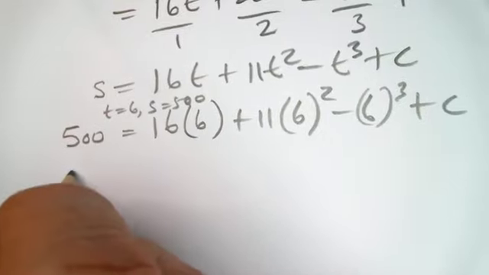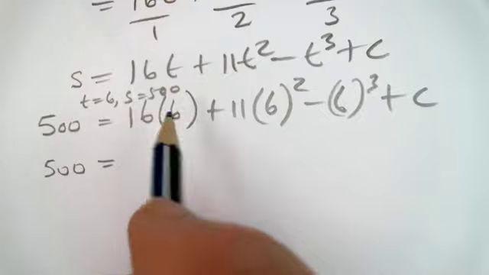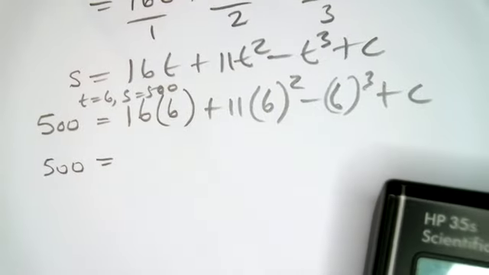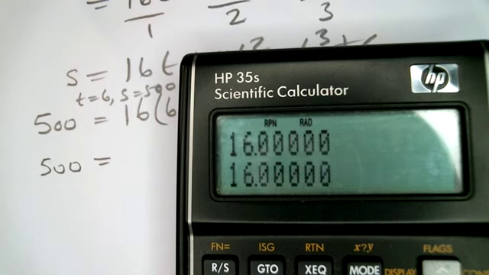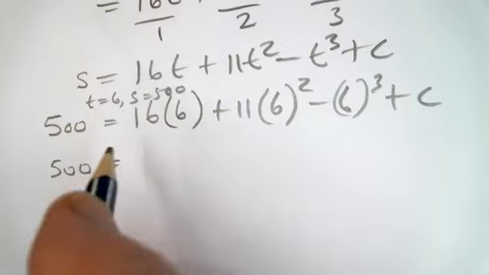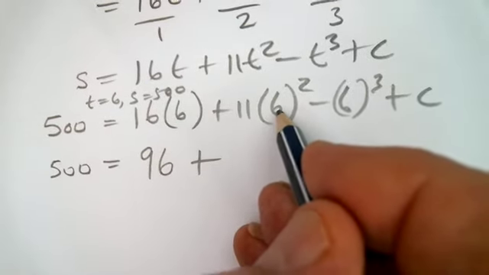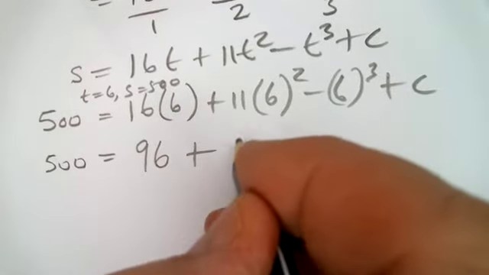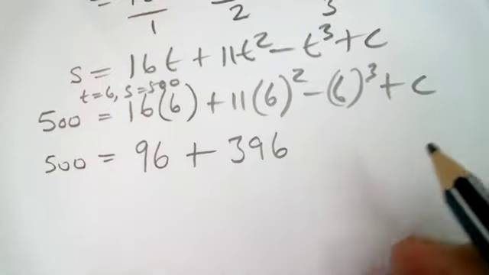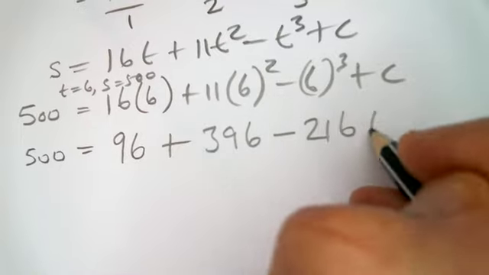So we've got 500 equals 16 times 6, so you can see me doing each step. 16 times 6 is 96, plus 11 times 6 squared, which is 36 times 11, so 396, minus 6 cubed, which is 216, plus c.